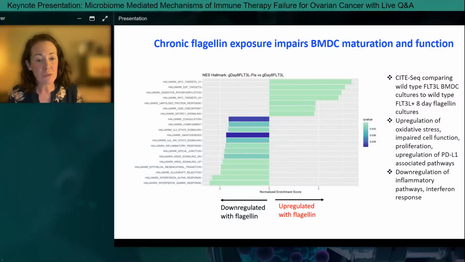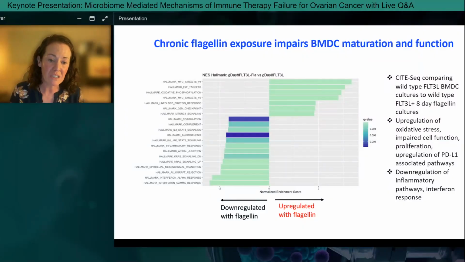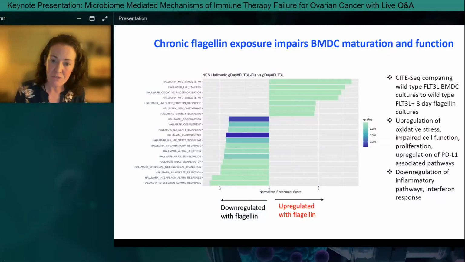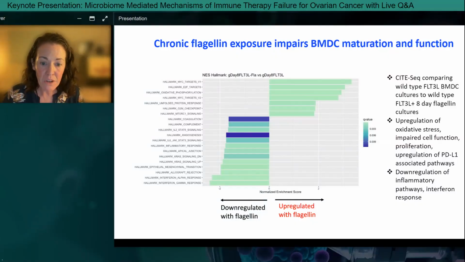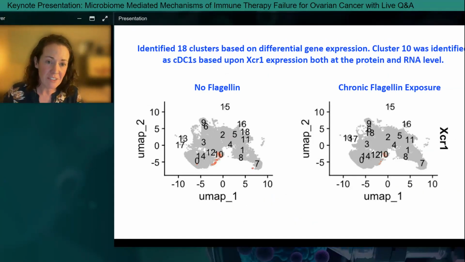There was also increased proliferation, suggesting that these cells were being retained in a more immature subtype, especially when comparing to the pathways that were upregulated in the non-flagellin exposed cultures, really indicating that, during this culture period, as expected, the cells are maturing and they're more functionally competent, through their metabolic and functional pathways.